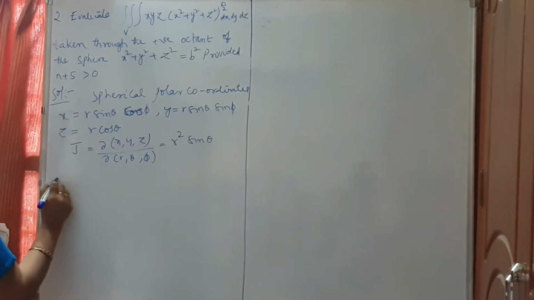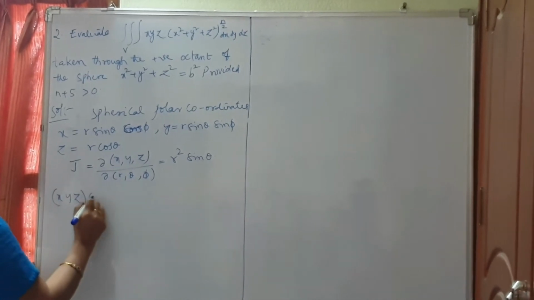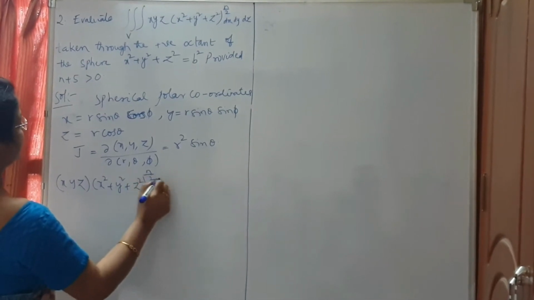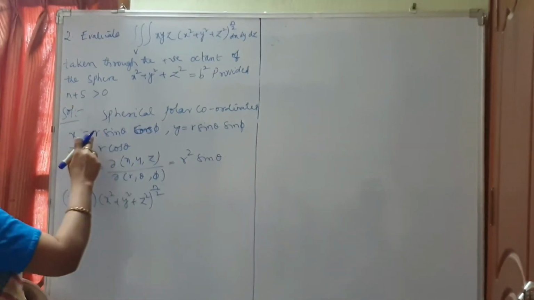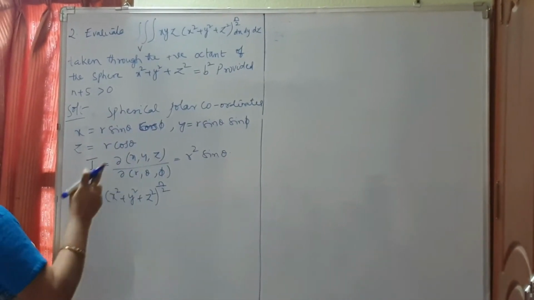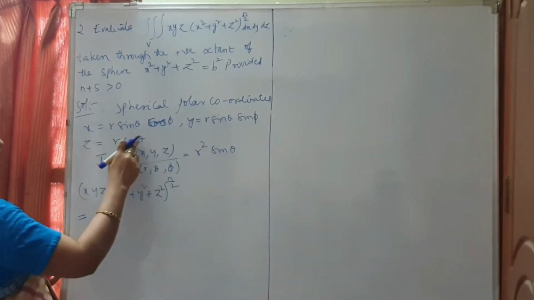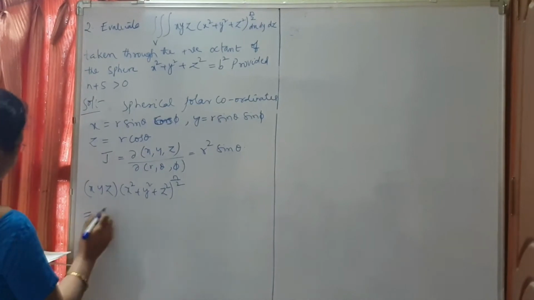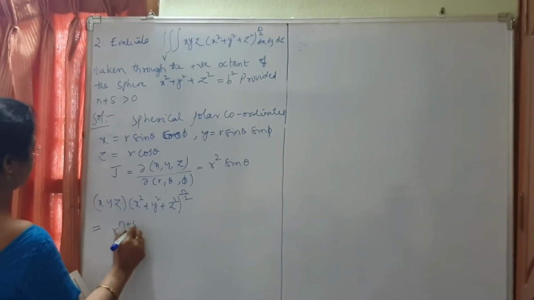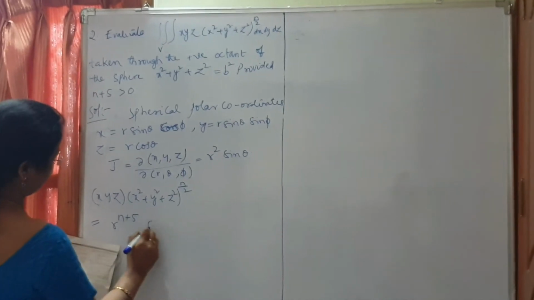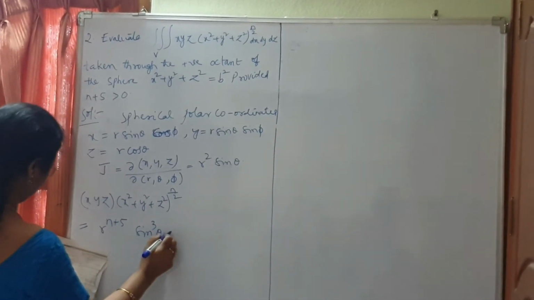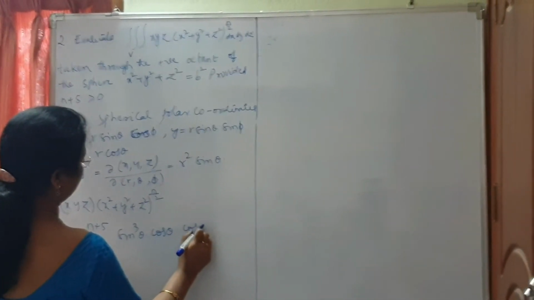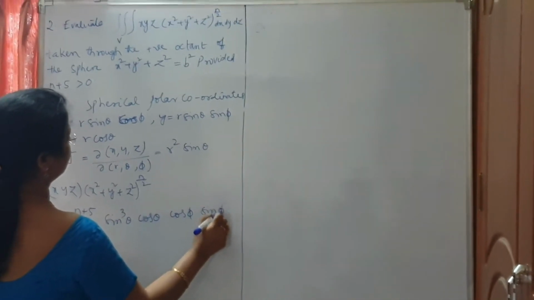Now we write the integrand xyz into x square plus y square plus z square whole power n by 2. If you substitute x equal to r sin theta cos phi, y is equal to r sin theta sin phi, z is equal to r cos theta in this function, this will be reduced to r to the power n plus 5 into sin cube theta into cos theta into cos phi into sin phi.